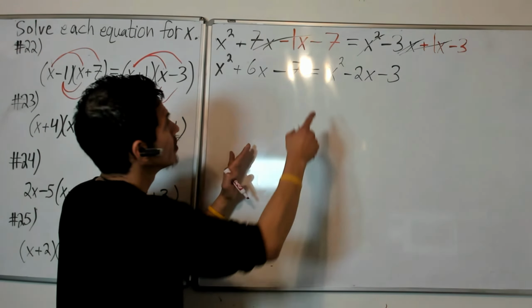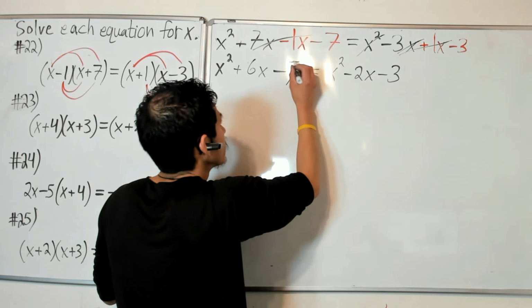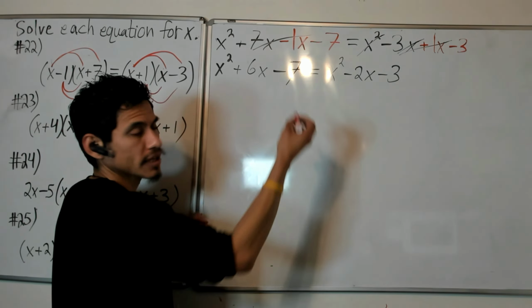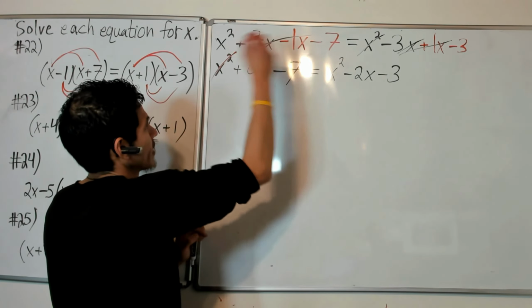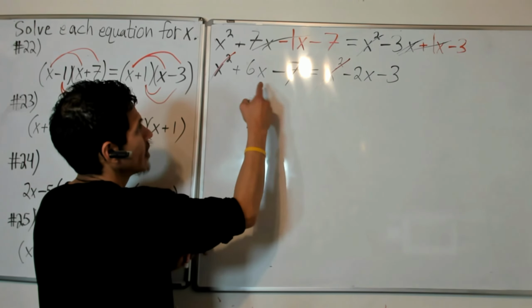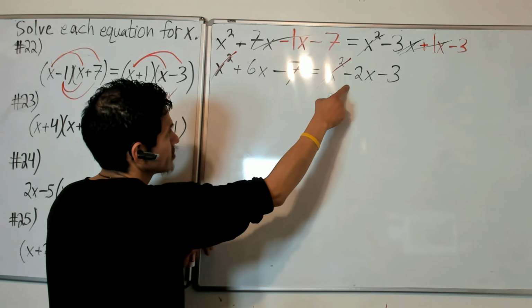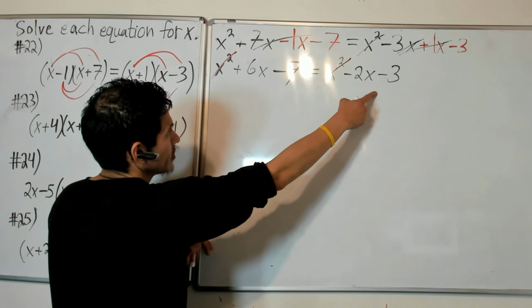Sorry about that glare. This is a 7. Then we can see more easily, you can cancel out that x squared. Just make it go away. It's gone. And then we have left 6x minus 7 is equal to negative 2x minus 3.